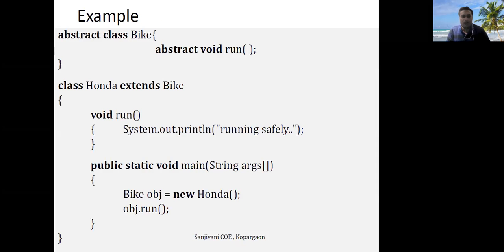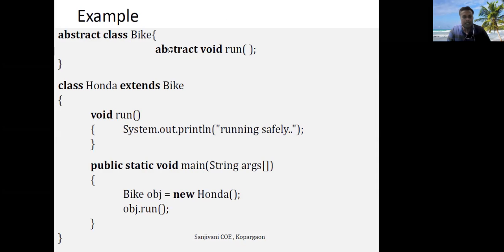Here the example of an abstract class is shown. Inside the abstract class, just specify the abstract keyword before the class keyword. If you want to define a method as abstract, just specify the keyword abstract before the return type of the method. Once you declare a method as abstract, we cannot write the implementation of the method inside the same class.